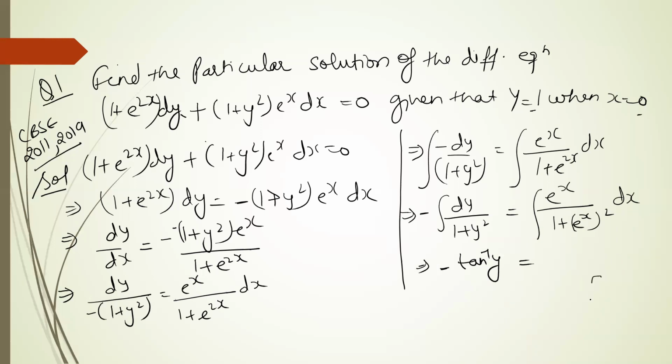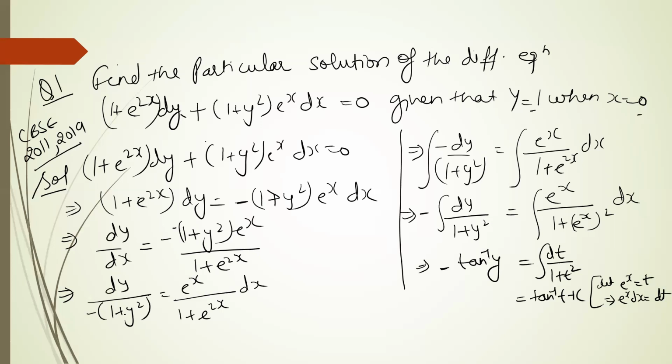Let us take e to the power x equals to t, which implies e to the power x dx becomes dt, right? So the numerator on the right side becomes t dt upon 1 plus t square, right? So this will give you tan inverse t plus c.